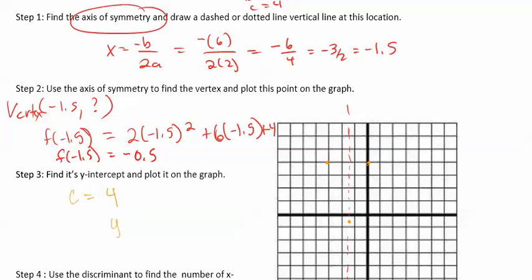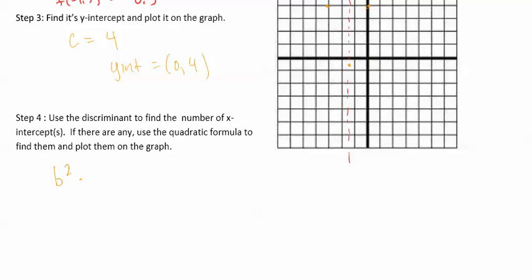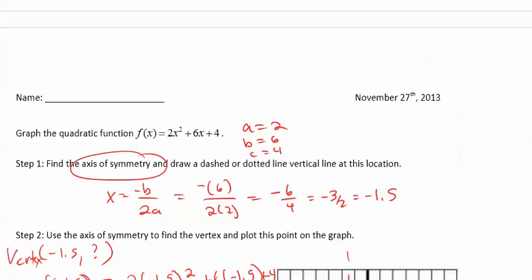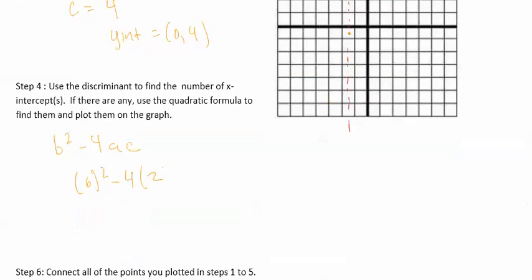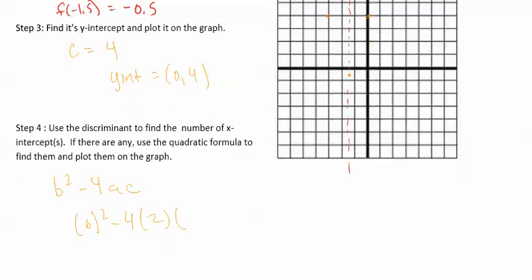I have the y-intercept. We know that that one is equal to (0, 4). All right, so let's go down and find the x-intercepts. So we have b squared minus 4 times a times c. And so b was 6, so 6 squared minus 4 times a, which we found to be, let's look back at our equation, 2, and then times 4.